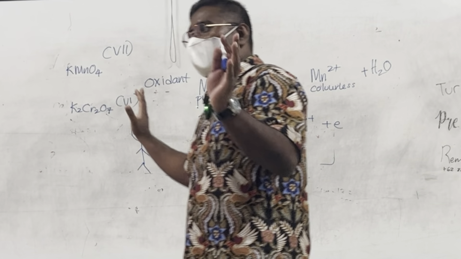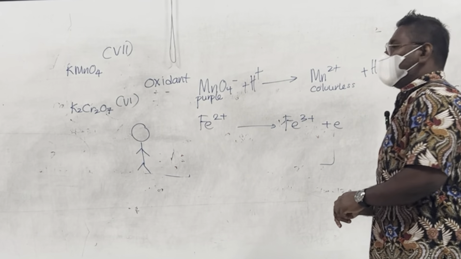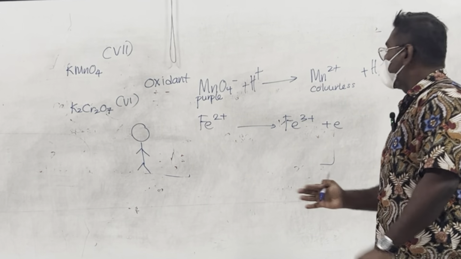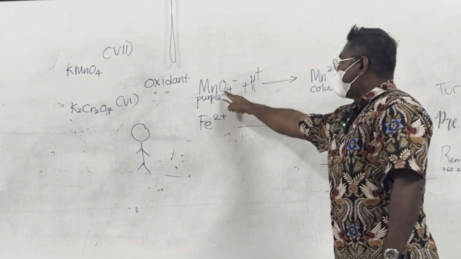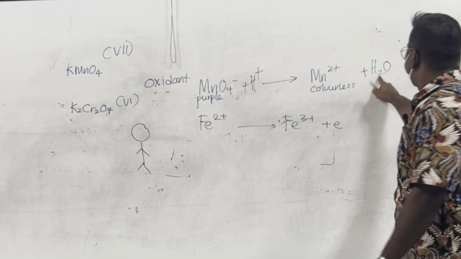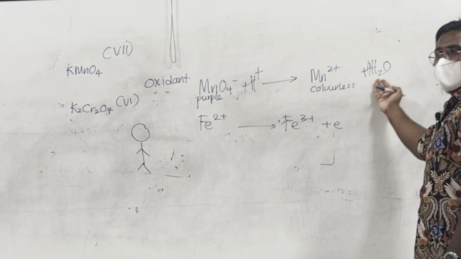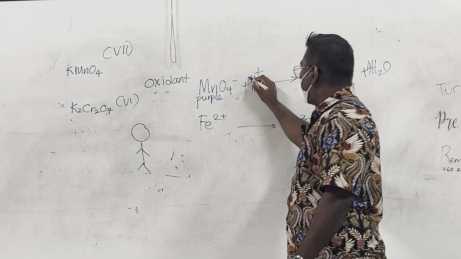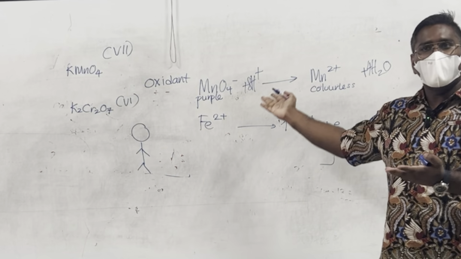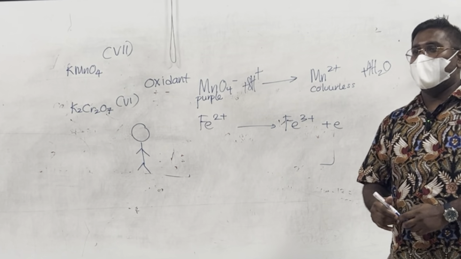Okay, but not completed yet. Let's balance it. You see, oxygen is 4, so you put 4. How many hydrogen? 8. You put 8. Is it done? Electron.